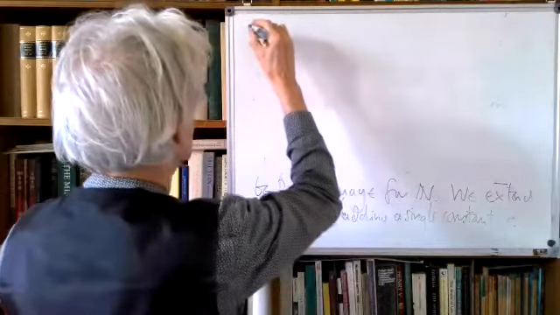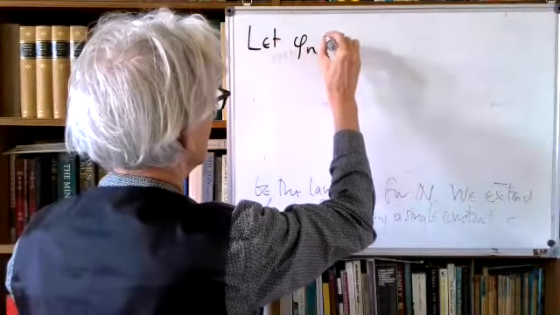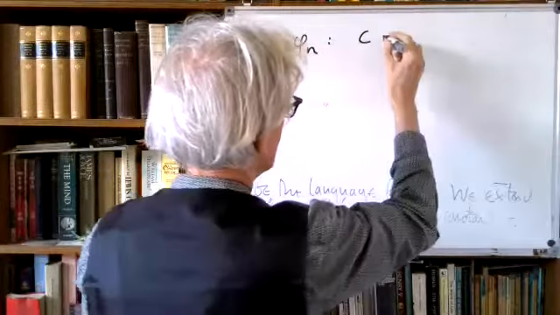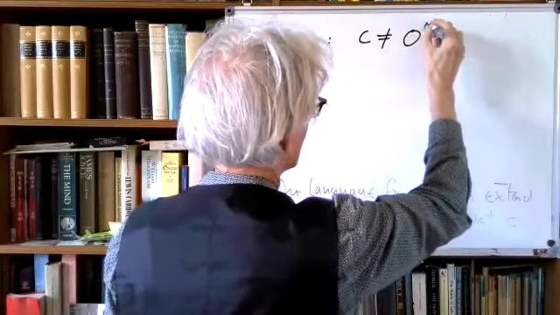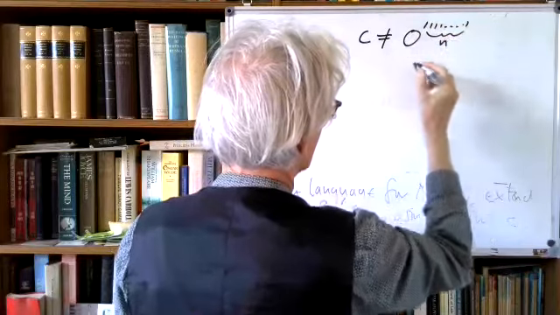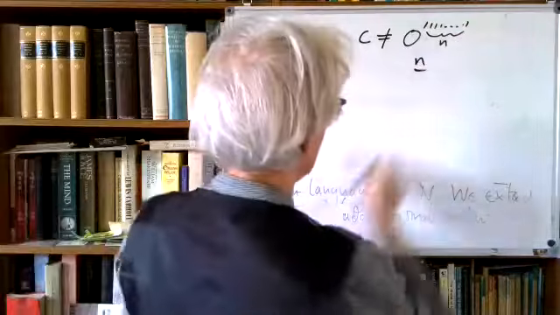So we consider the following sentence. This is going to be that c does not equal 0 with these n primes, which is what I was calling n. Why don't I just go straight to n here?